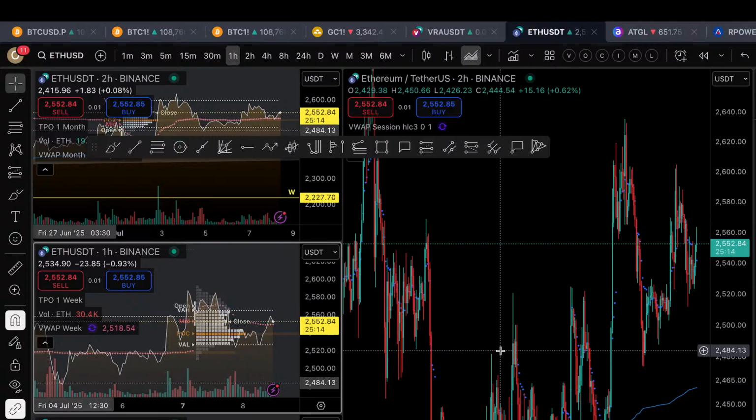So we do not want to see this low lost. And this anchored around here somewhere. We can have another swing failure pattern of this, but that would be another trade completely. For now, I just want to see a good reaction of the daily. I'll set an alert here.